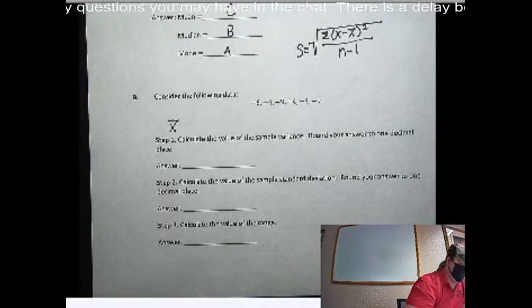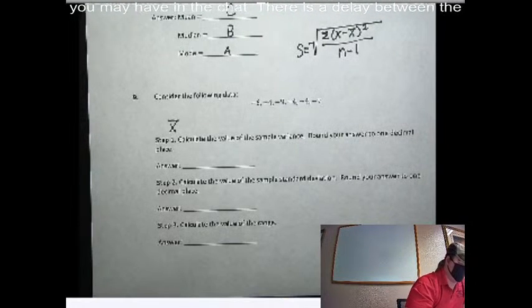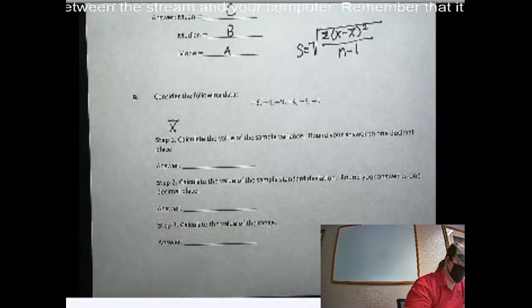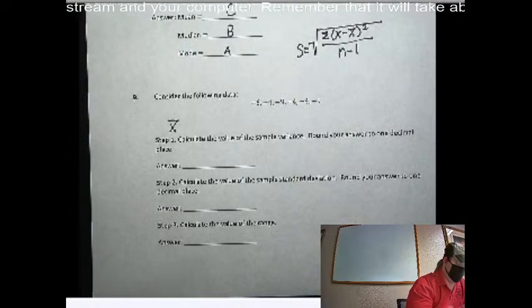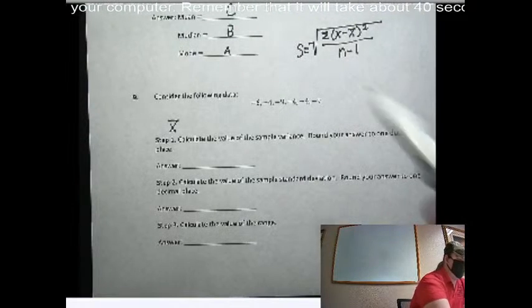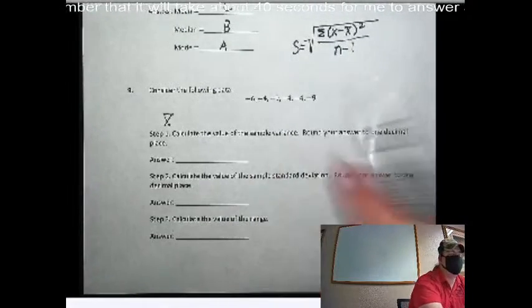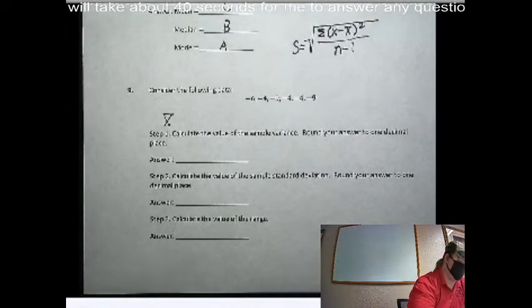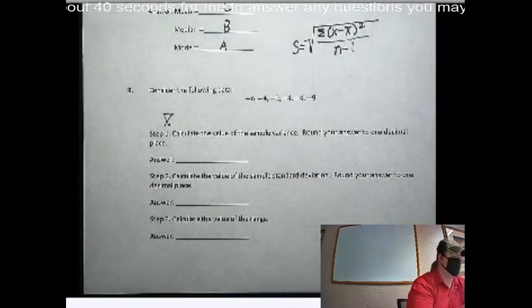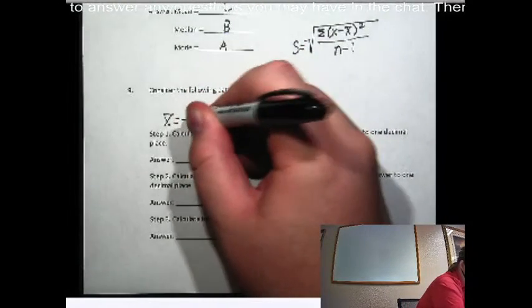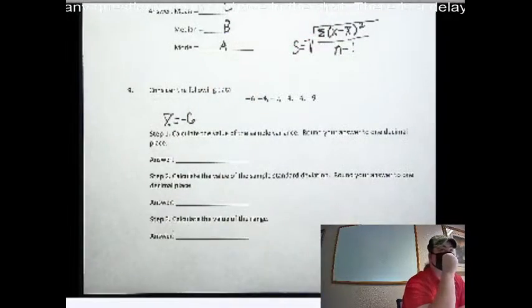Let's see. -6 plus -4 plus -9 plus -4 plus -4 plus -9. And we get -36. Then divide by the number we have, so 6. So -36 divided by 6 is -6. So there's our mean.